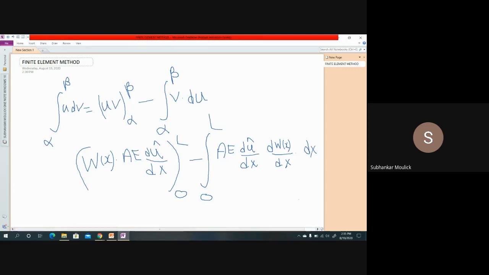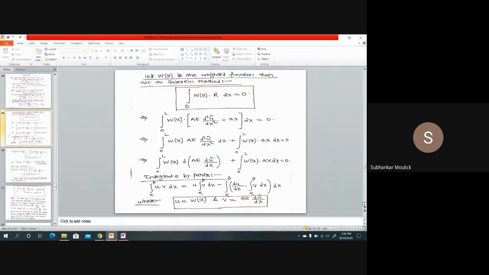I can write like this. Yes or no? Will its solution be like this? Yes, sir. It will be like this. I can write it, sir: W of x A E du cap over dx from 0 to L, minus integral 0 to L A E du cap over dx into dW of x by dx into dx. Let's check.